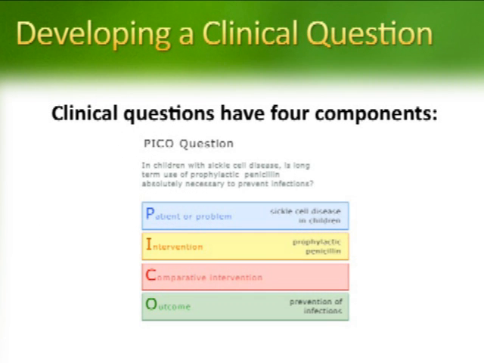What we've been discussing in this lecture up to this point is about research questions. However, there are questions that are involved in evidence-based practice, which are the PICO question. This is where you would have a question about some clinical problem on your unit.